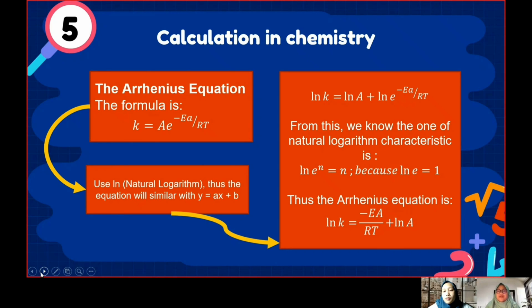From this, we know one of the natural logarithm characteristics is that ln e to the power of n will be the same as n, because ln e equals 1. Thus, the Arrhenius equation will be ln k equals negative Ea over RT plus ln A.